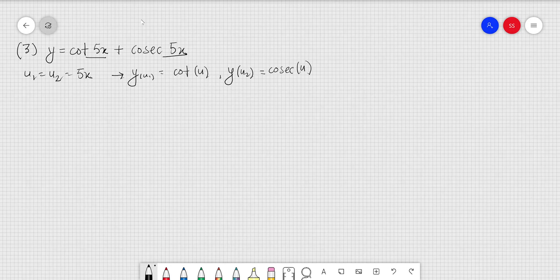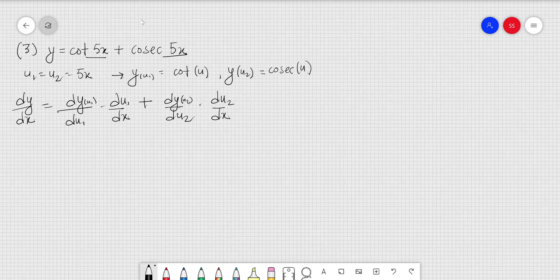Then applying chain rule, if we are to find dy by dx, we would apply chain rule in such a way that it's dy with respect to u1 times du1 with respect to x plus dy with respect to u2 times du2 with respect to x, right?